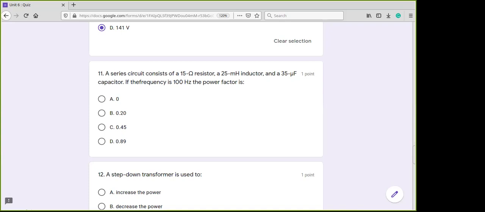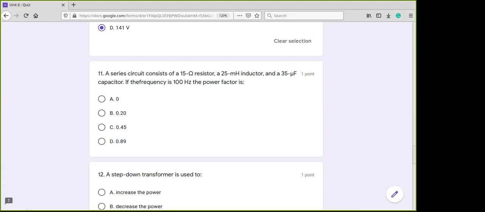So what is that value? The power factor is real power divided by the apparent power, yes? Yes. So it is cos theta, yes?